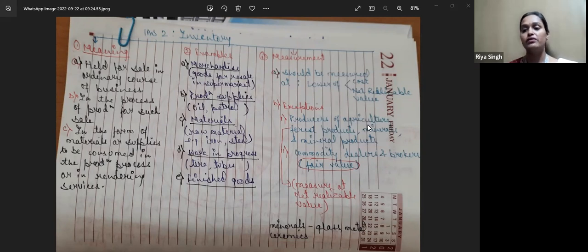Whether it is an agricultural product, a forest product, minerals, or products made from minerals, these should be measured at net realizable value only. We need not compare whether cost is lower or net realizable value.